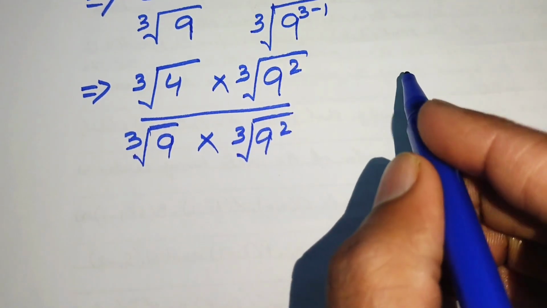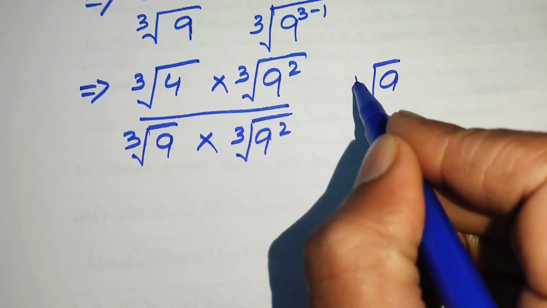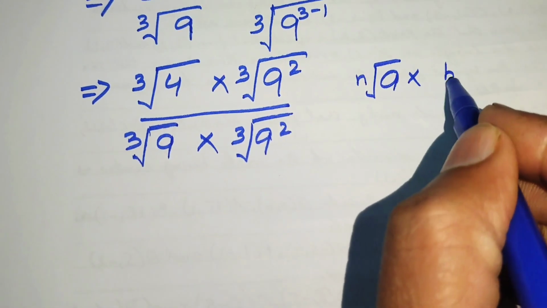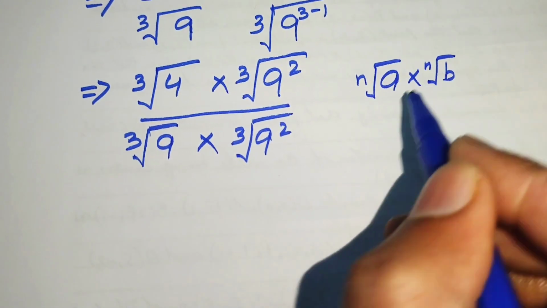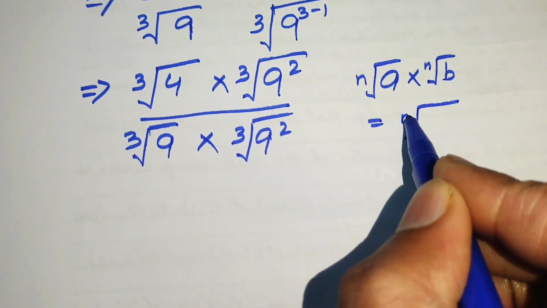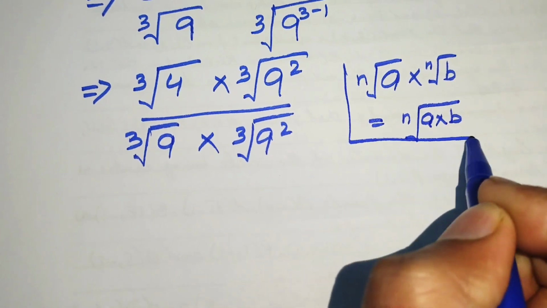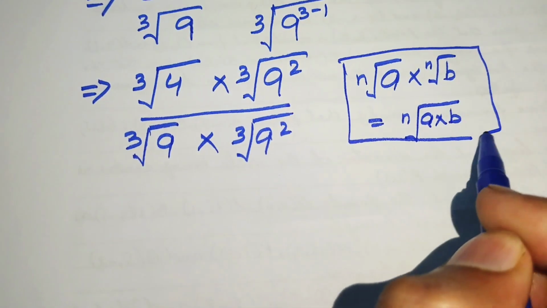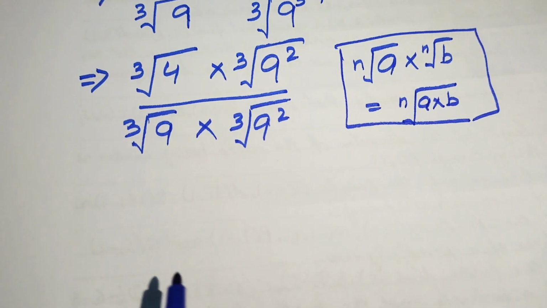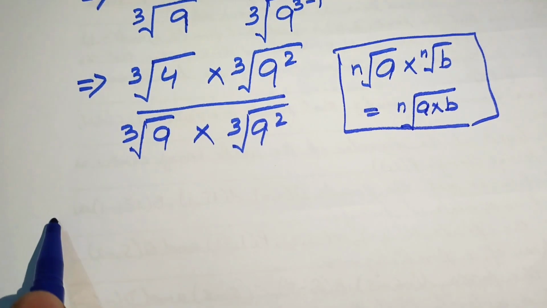So here we know that if you have nth root of a multiplied by nth root of b, then we write this type of expression in this form: nth root of a multiplied by b. So here we use this nice radical law. According to this radical law, we need to combine these two radical terms.